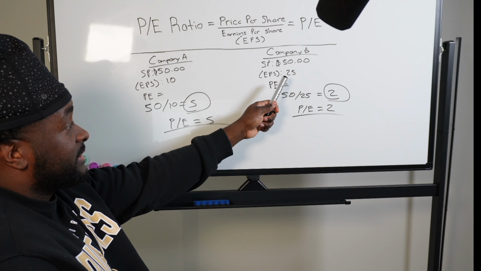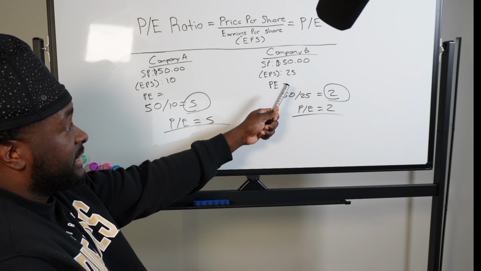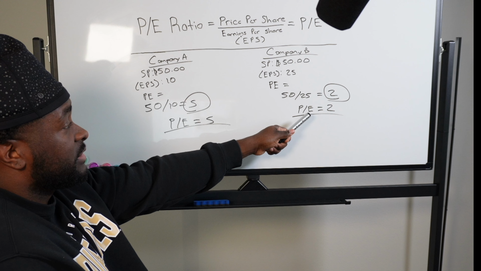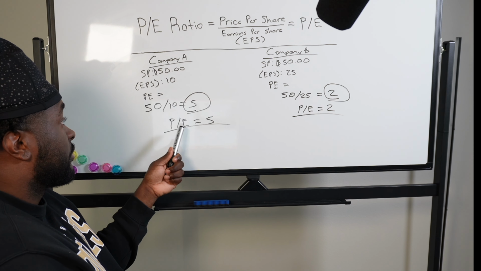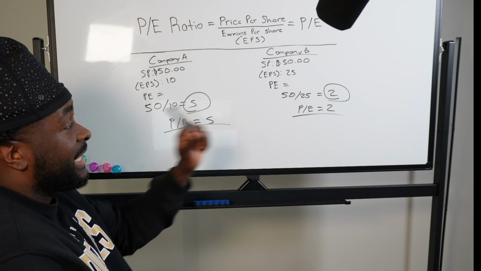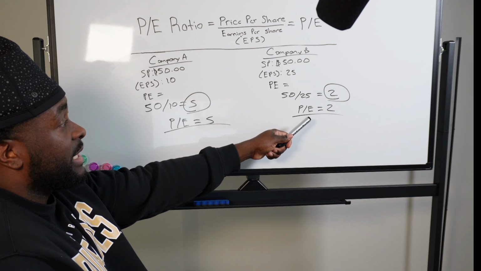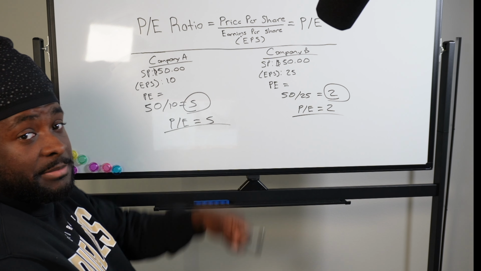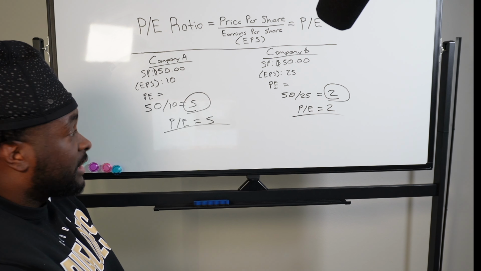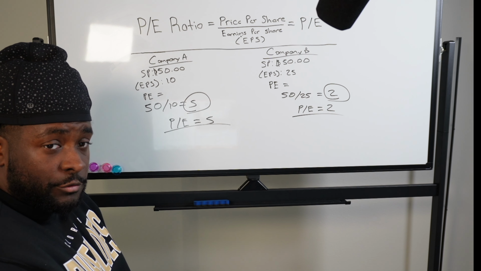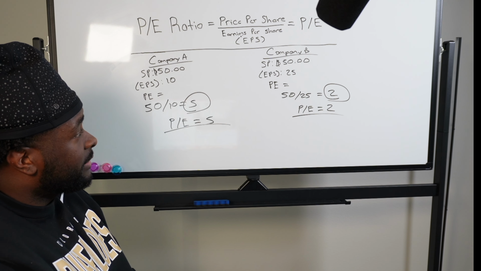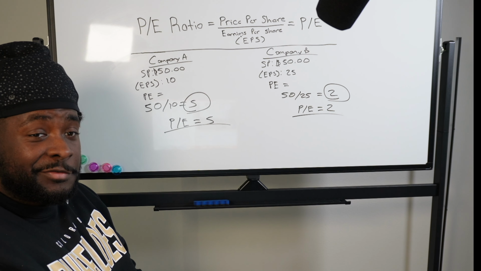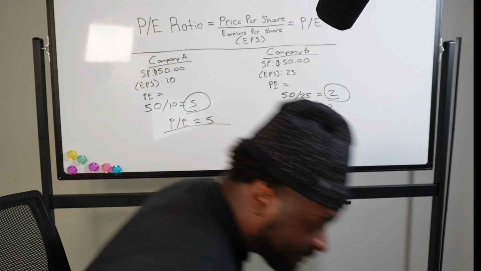We're getting this stock for 2 times its EPS, a two times multiple, versus a 5 times multiple over here. So we're paying less for company B and we're getting access to more profits. Company B is the better deal. You follow me? Y'all following your boy?